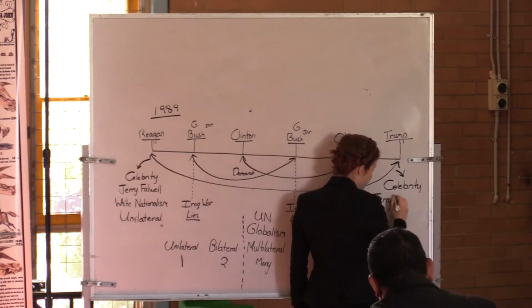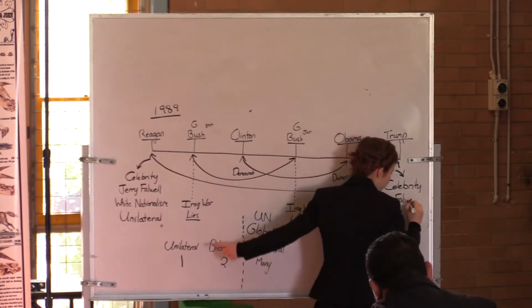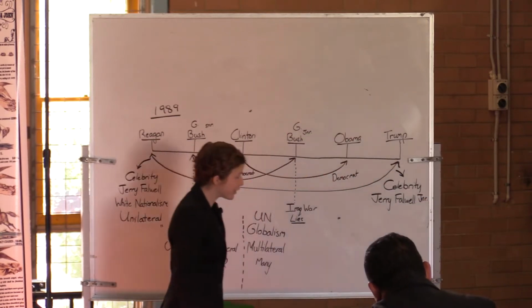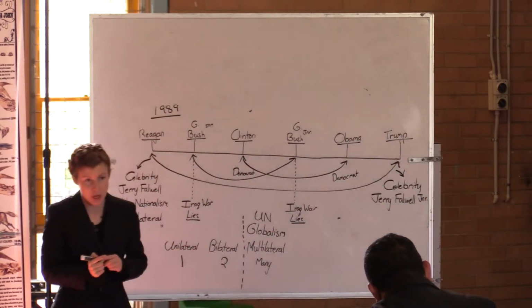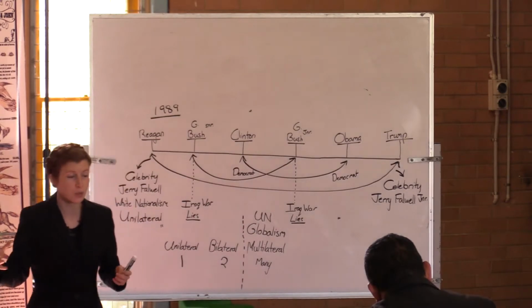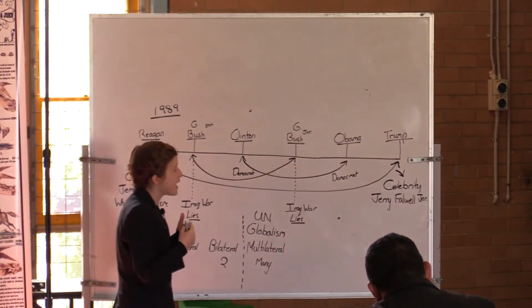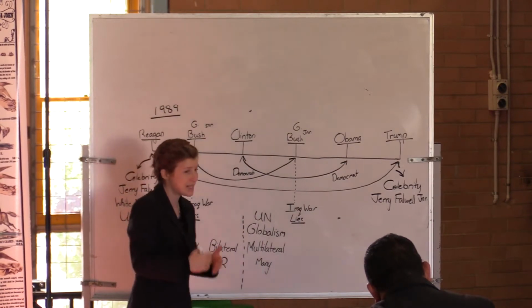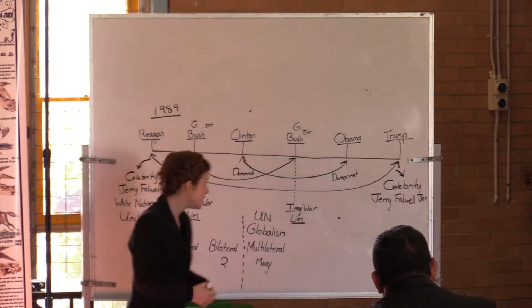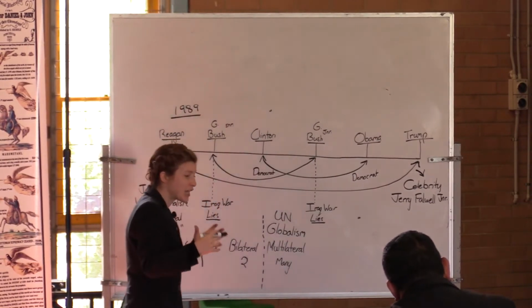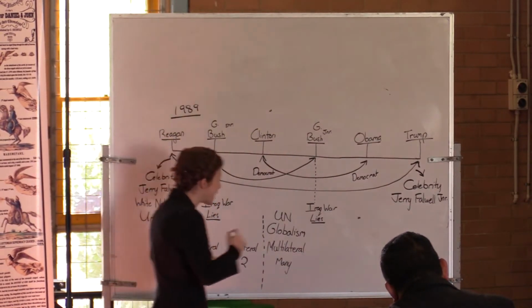Jerry Falwell Jr., father, son. In 2016, Jerry Falwell Jr. endorses Donald Trump, leads the evangelical world into unity on that subject, and wins Donald Trump the presidency with 81% of the evangelical vote. A celebrity elected by this evangelical drive driven by white nationalism.